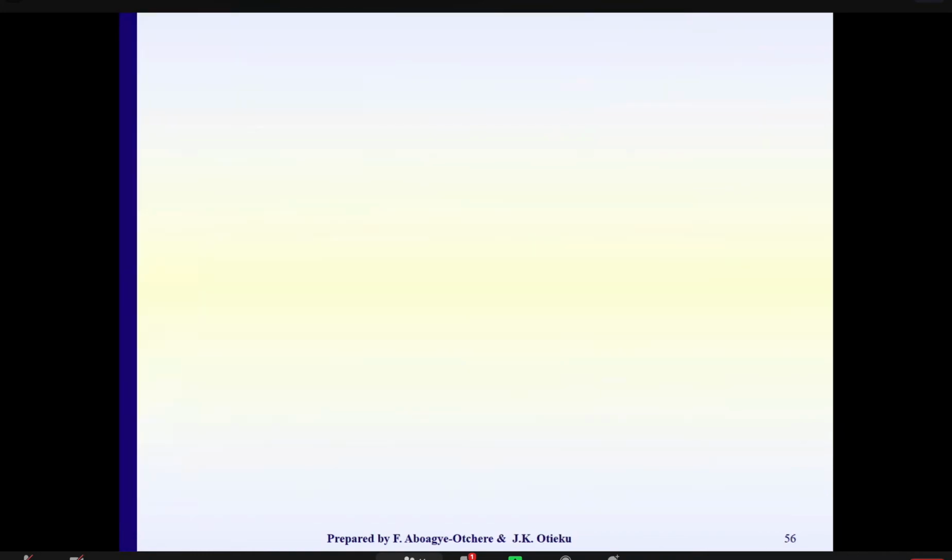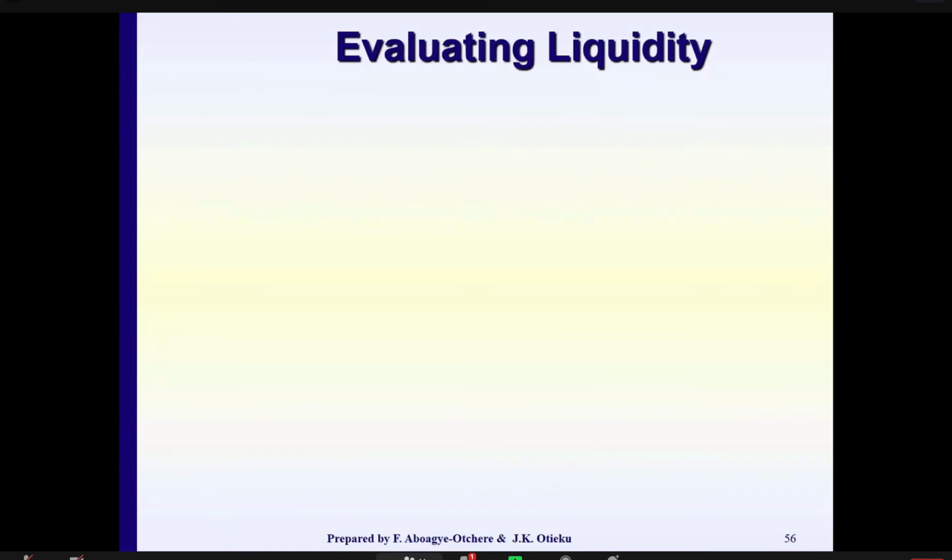Is that what we got to when we left? We started looking at liquidity. Where's the cash rate? Patrick, where did we get to? Patrick, let's see, where did we get to?